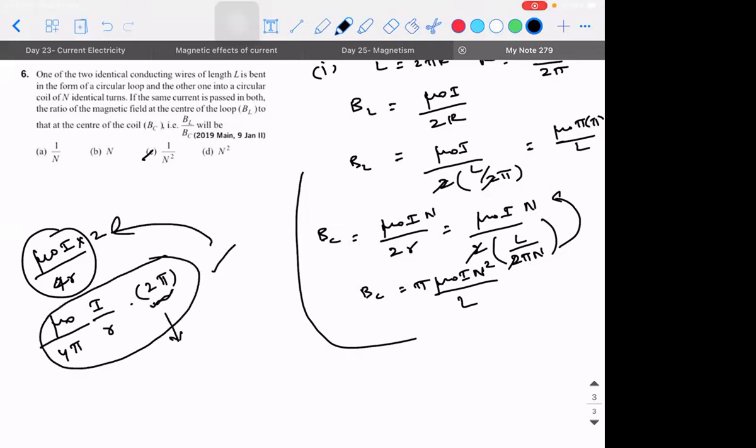This is the angle subtended by a circular loop at its center. Is 2 pi in radians or degrees? Radian. So you have no other option, you have to convert it. You cannot write it in degrees. In the formula I wrote it in terms of 2 pi. That is the reason.